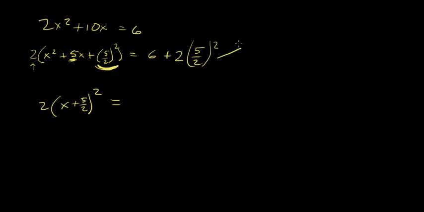Now I'm going to have to do some work to simplify this. First of all, 2 times 5 halves squared equals 2 times 25 over 4, because I have to square this thing before I multiply it by 2. I can't just cancel the 2 and 2 and square 5.